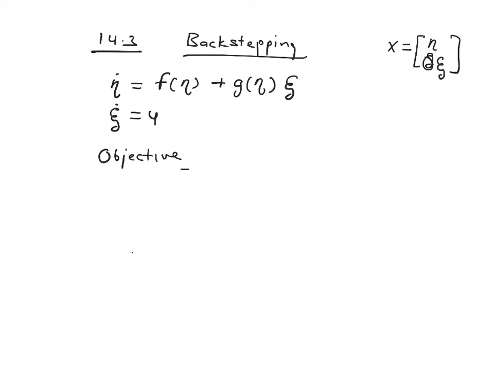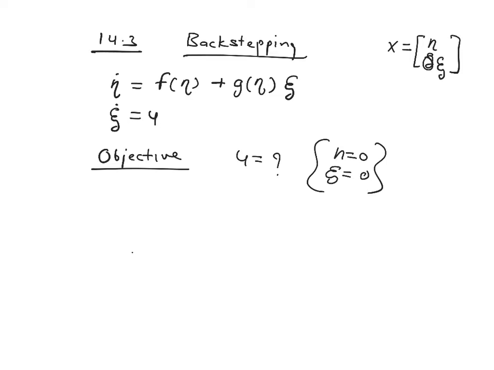The objective is to find u such that eta goes to 0 and zeta goes to 0. We want to take all the states to the origin. That's the goal. It can be a tracking problem, after everything has been formulated such that eta going to 0 means you are in the desired position with the desired velocity.